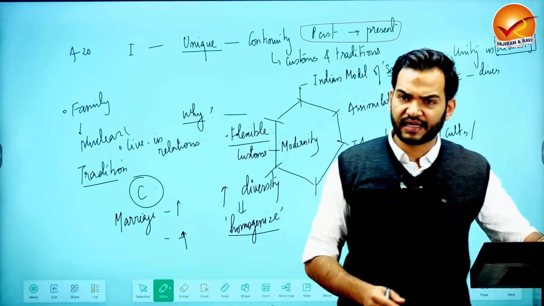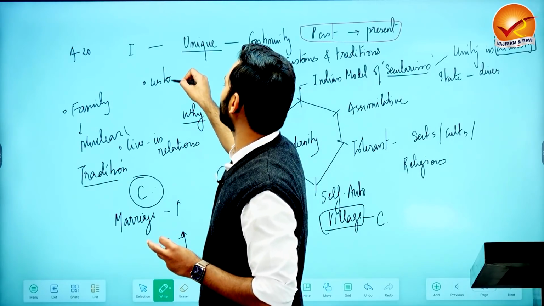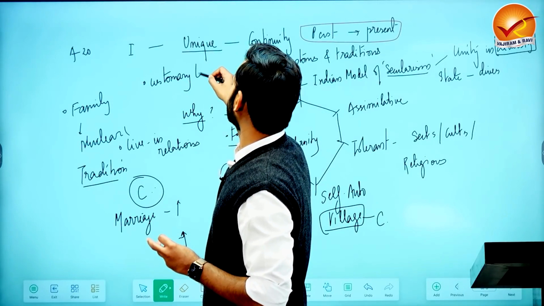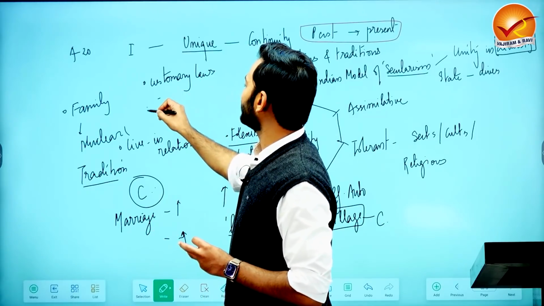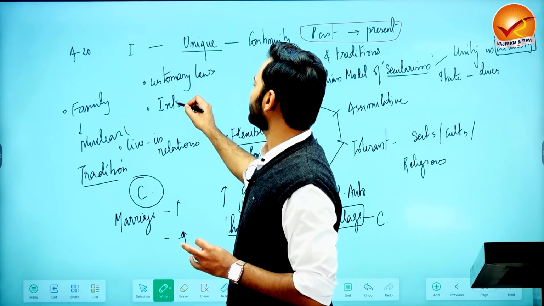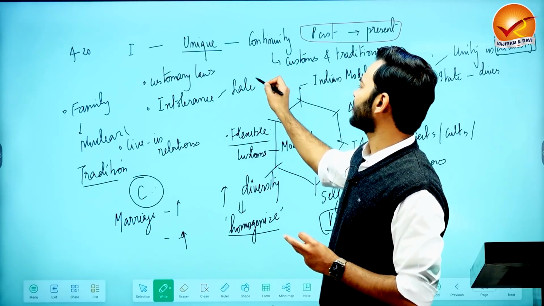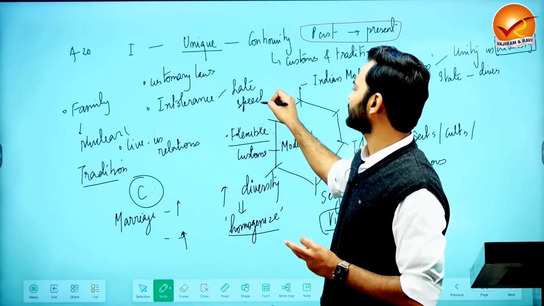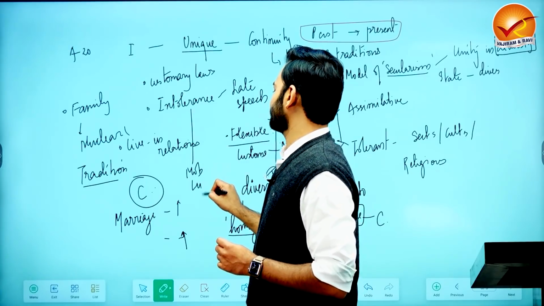Then there is decline in the importance given to customary laws. Then there is growing level of intolerance in society. Intolerance you might have seen recently. You can write the case of hate speech and mob lynching cases.